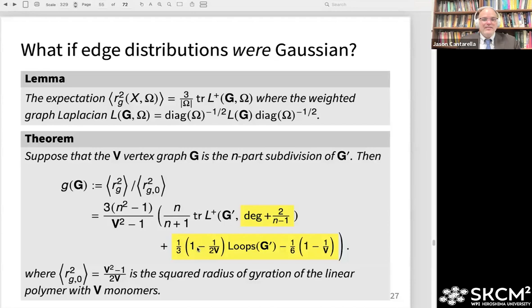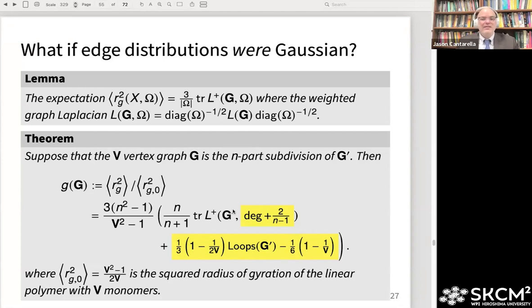That trace plus a new correction term involving the number of loops in the graph, or the cycle rank, or the Euler characteristic, and another new correction term, which subtracts a constant.